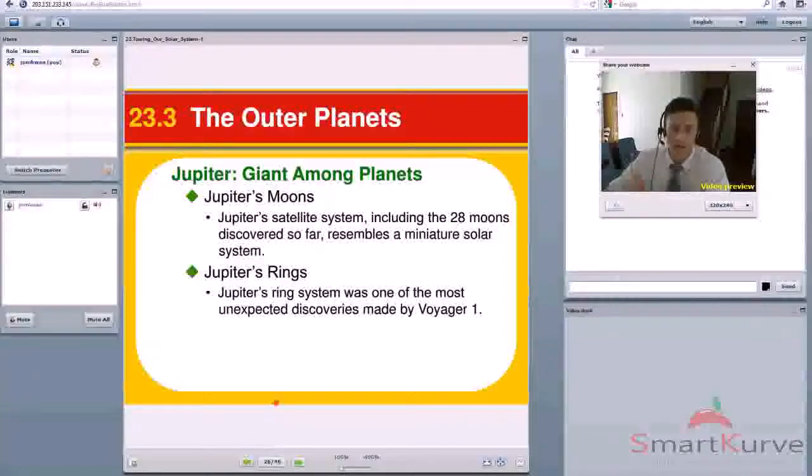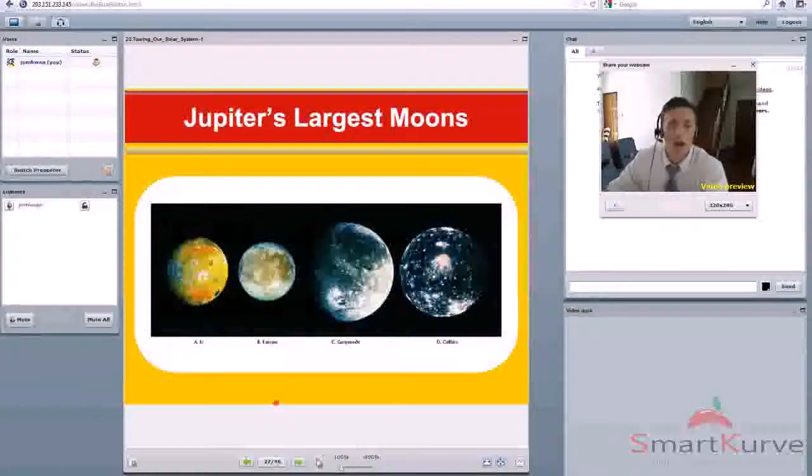If we go back to slide 25, we look at Jupiter, we see those bands, those belts of light and dark gases. We see that big red spot. It looks very violent. It looks very stormy.